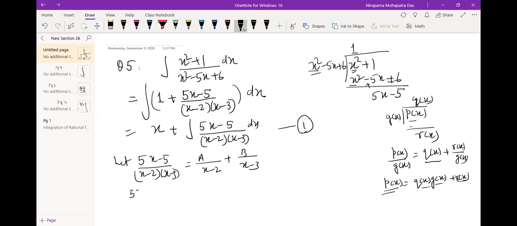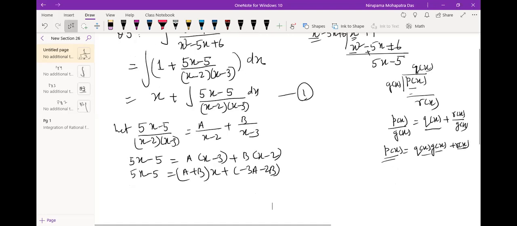So you get 5x minus 5 equal to A into x minus 3 plus B into x minus 2. You can also write 5x minus 5 equal to A plus B into x plus minus 3A minus 2B.